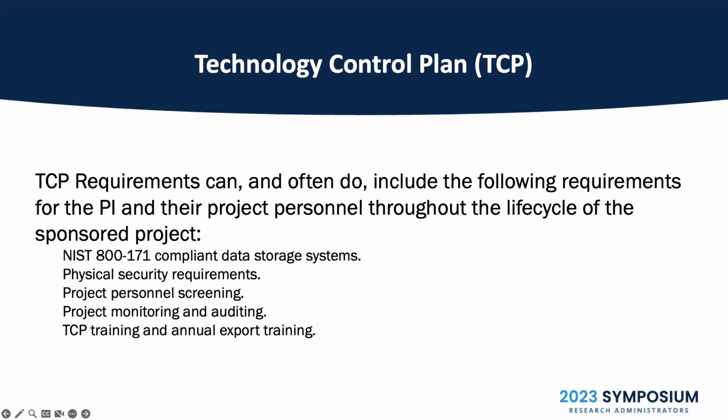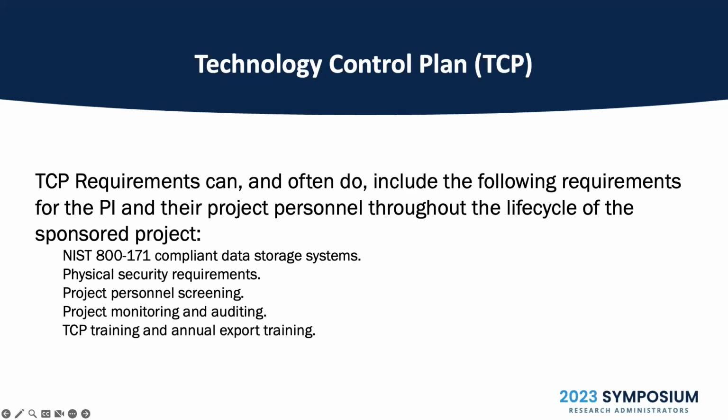Say you're working with export controlled information. Typically speaking, like Lance mentioned, under certain DFAR clauses, for example, NIST requirements are required. So we'll spell those out in the TCP. And then we'll have annual auditing and training, as well as initial training to set you up on that TCP or your PIs on that TCP.